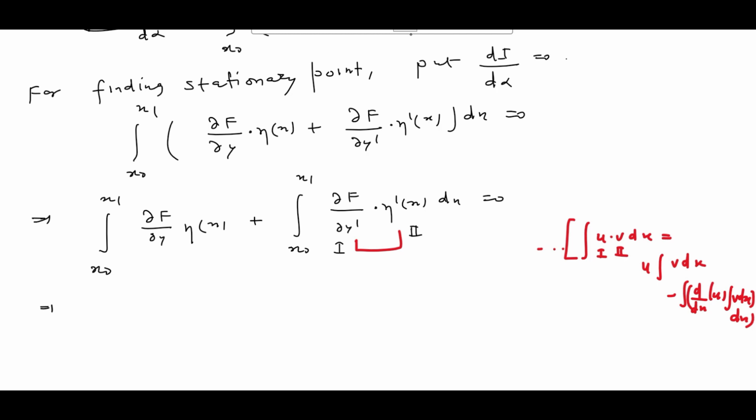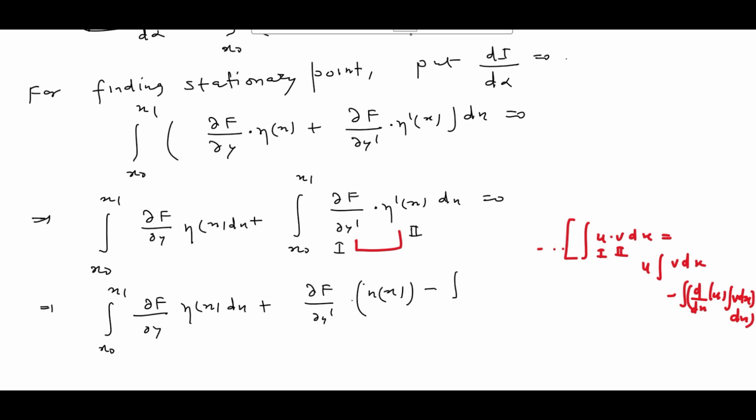So now here, integration from x0 to x1, del f over del y eta of x dx. So now take the outside del f over del y dash, the integration of eta dash of x will give eta of x.